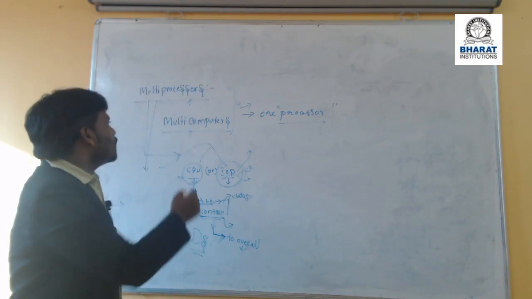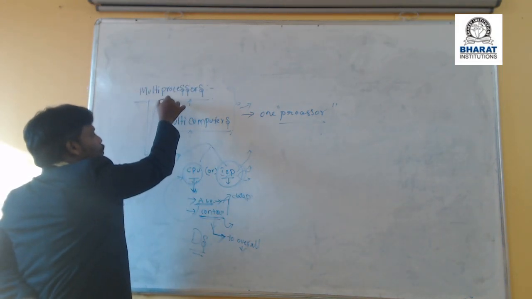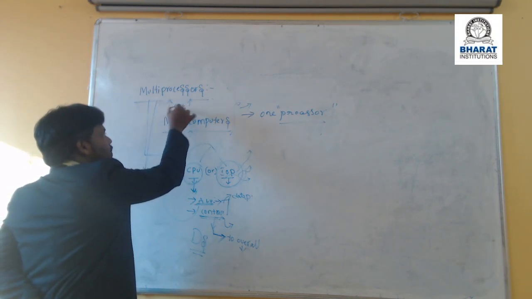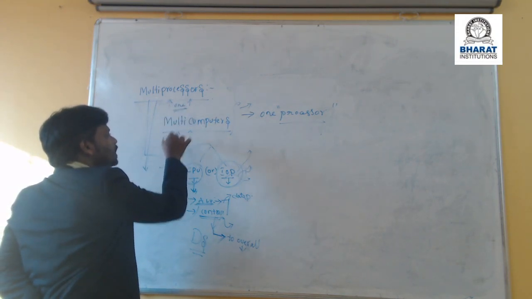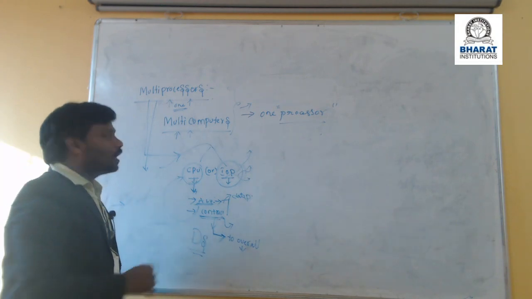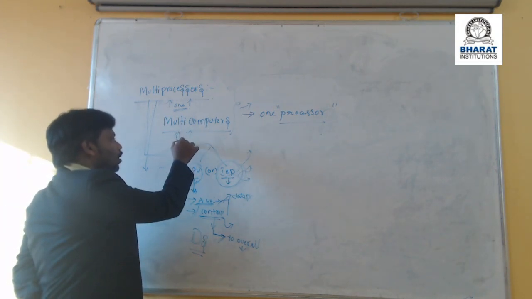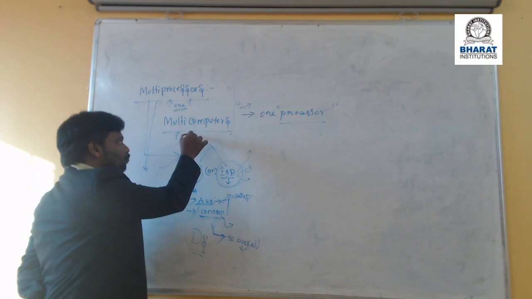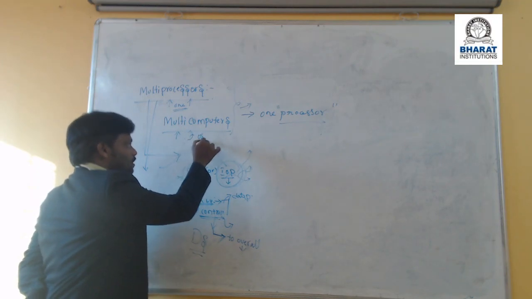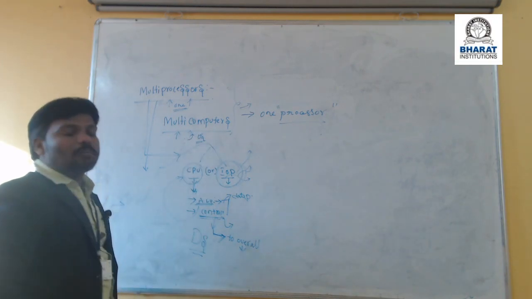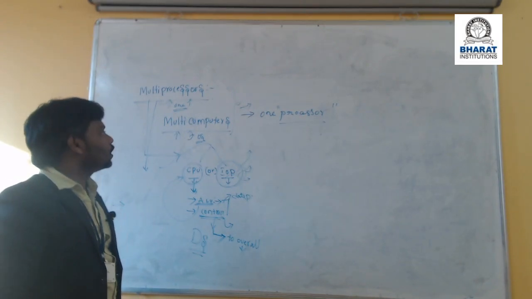So in a multiprocessor system there is only one operating system, and in a multi-computer system each and every computer has its own operating system.